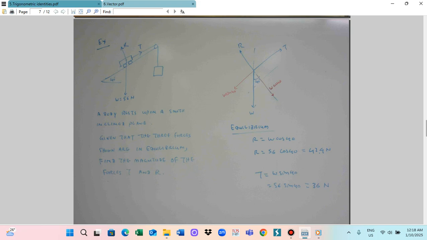So that way it is positive 1, 2, 3, and this is negative 1, 2, 3.